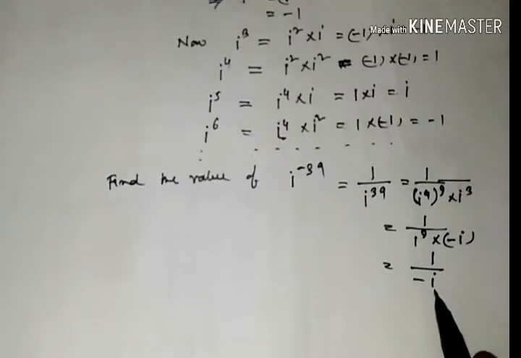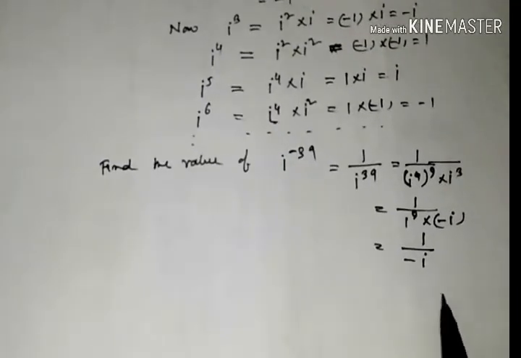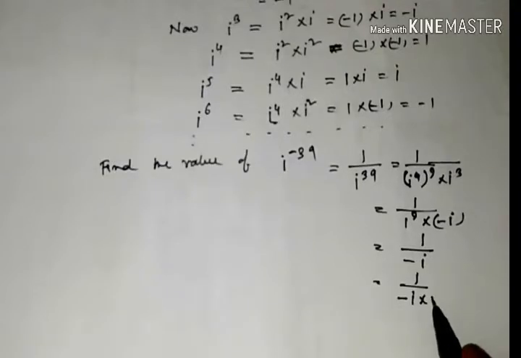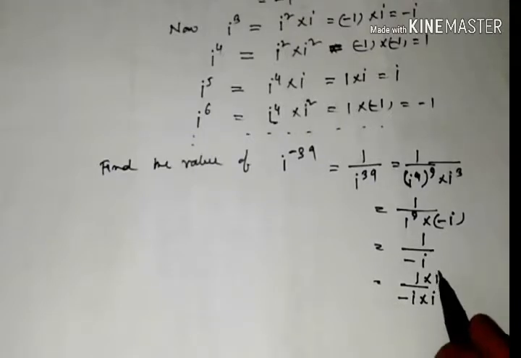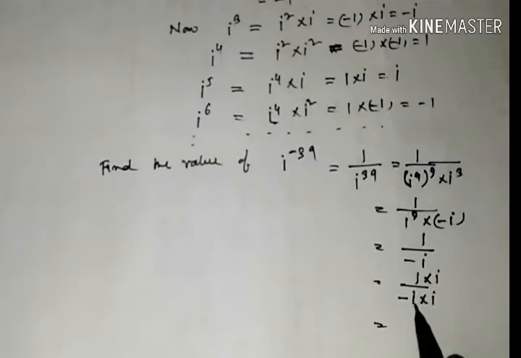Now, in the denominator there is i, so we have to remove it. How can we remove it? There is minus i. If we multiply by 1, that is, denominator by i and numerator by i, then it is i into minus i, that is minus i square.